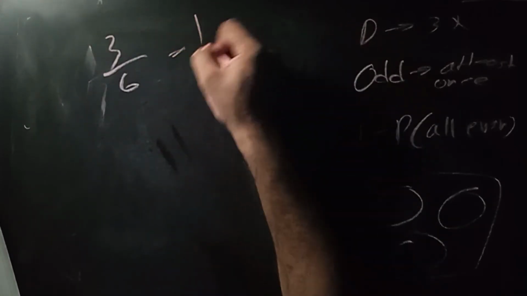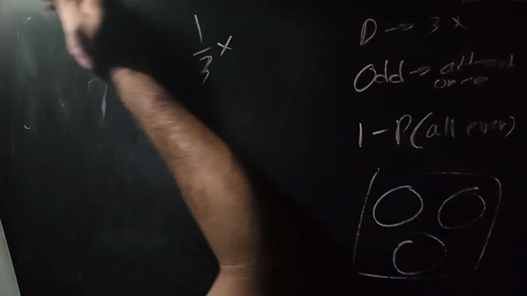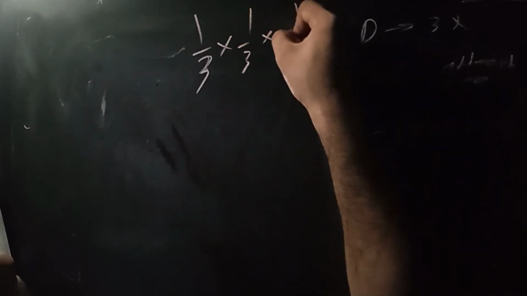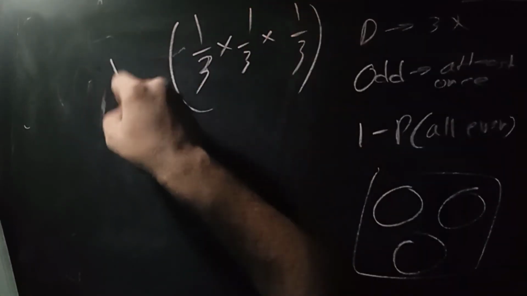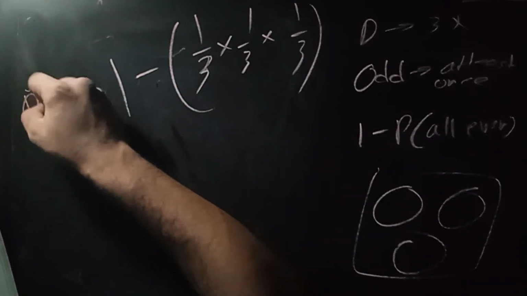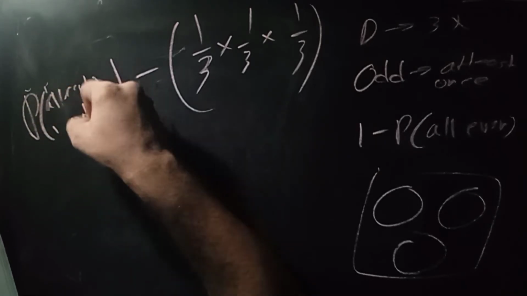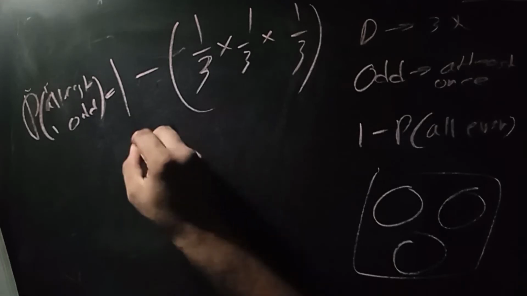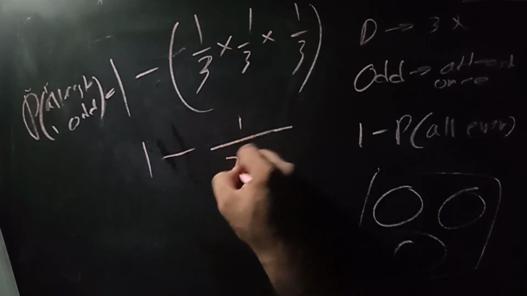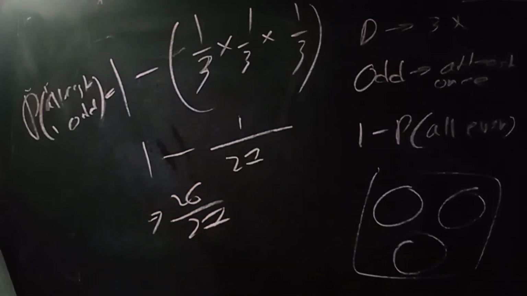So 3 over 6 or 1 by 3. Similarly, in the second case also it's going to be 1 by 3, and 1 by 3 in the third. So 1 by 3 into 1 by 3 into 1 by 3. Now this whole is subtracted from 1 because we have to find P of at least one odd. So 1 minus 1 by 27, so it's basically 26 by 27, done.